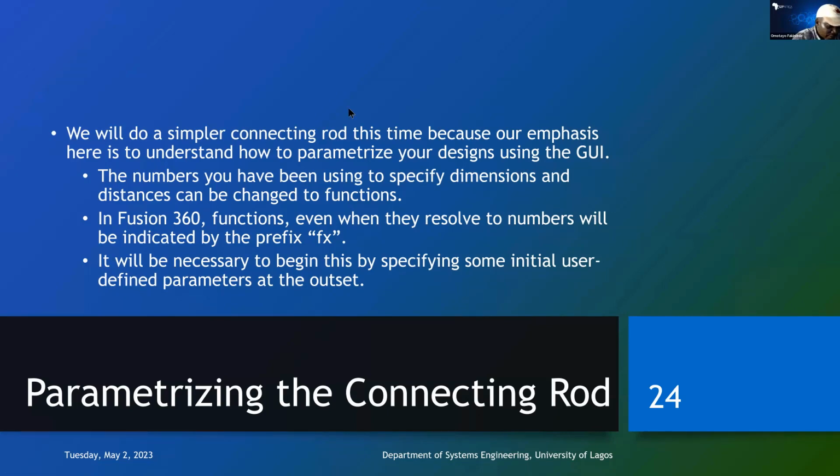Let me type the question. What's the main difference between the connecting rods of the parameterized con rod and the GUI con rod?